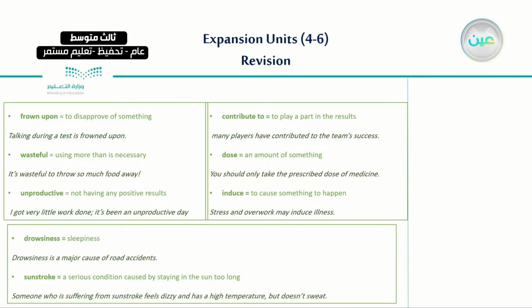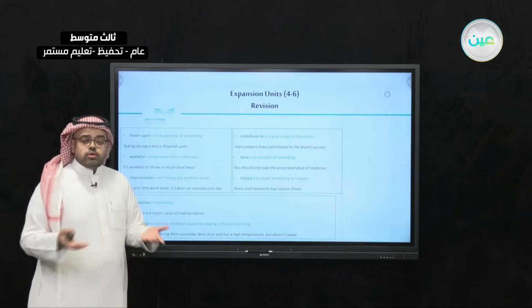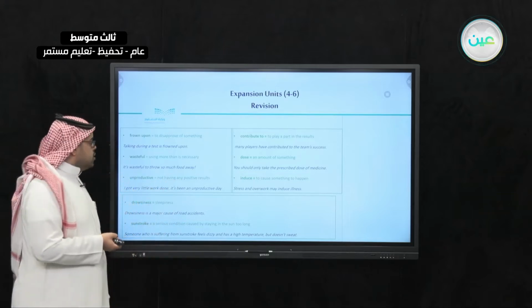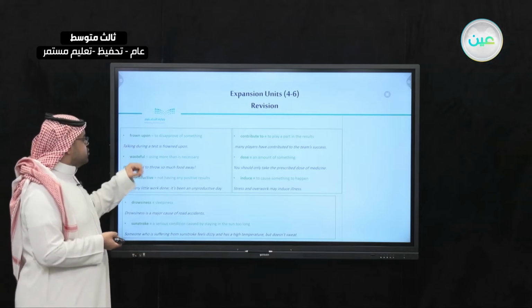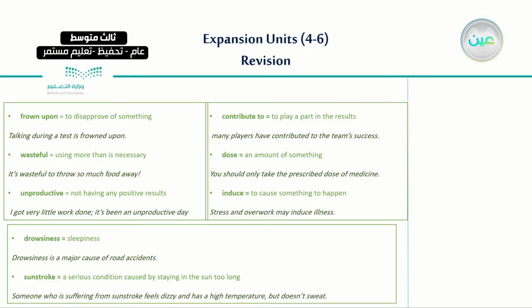And also we have been introduced to new vocabulary, new terms. Just a quick reminder. For example, frown upon means to disapprove of something, and we gave an example of this. And also wasteful means to use more than what is necessary. We also gave an example of this. Unproductive means not having any positive result, and this is its example.